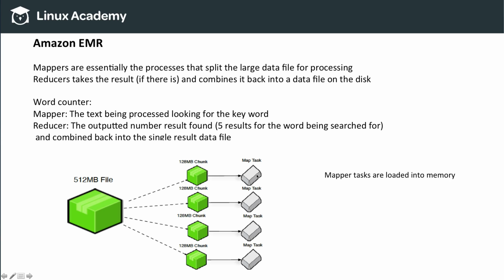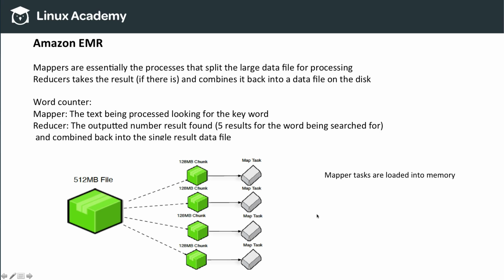So this means we're using either larger instance sizes or more nodes within the cluster. So if a single instance can have 2 mappers and we have 4 chunks, then we might launch 2 nodes within the cluster that can process 4 chunks because it has 4 mappers at one time. Process a whole bunch of data within 10 or 15 minutes and shut it back down again.